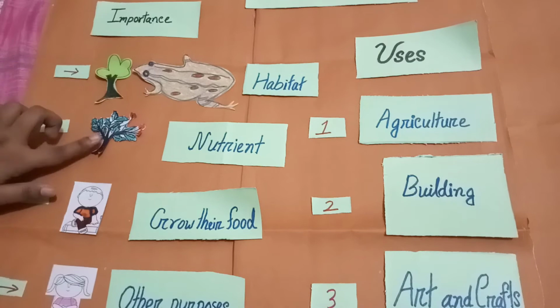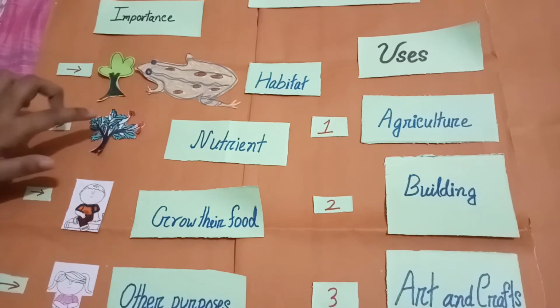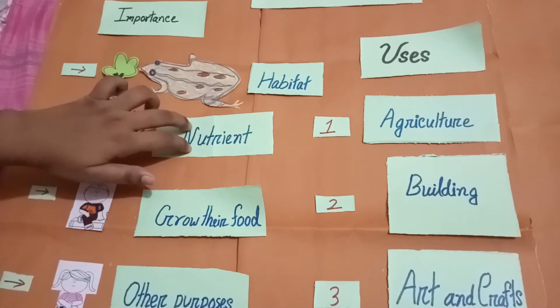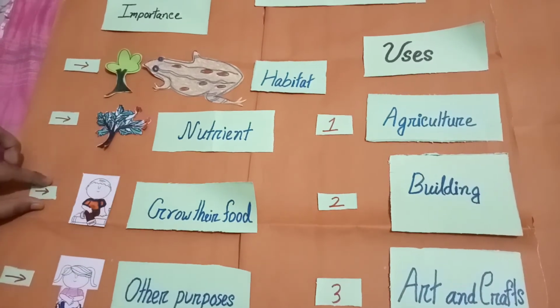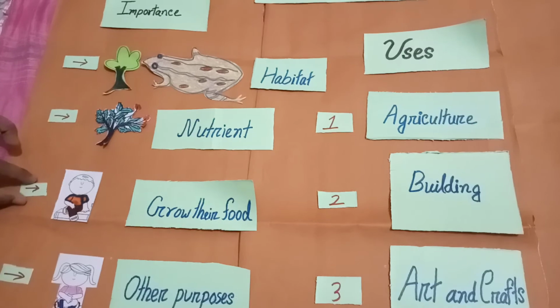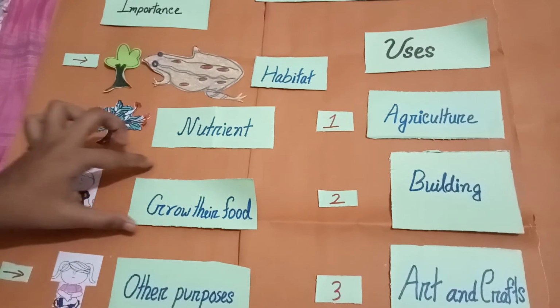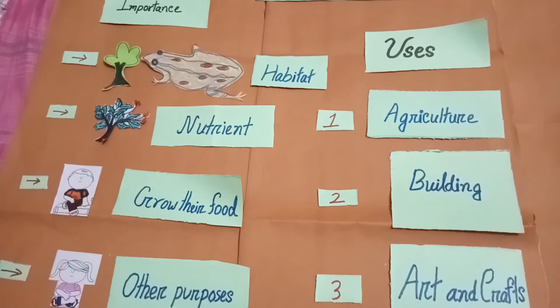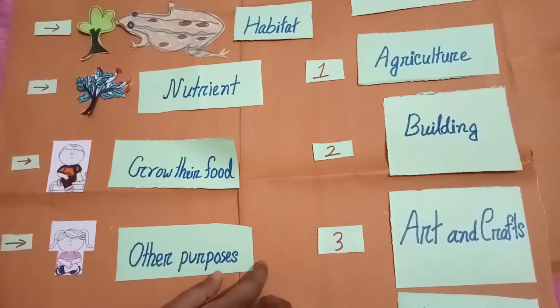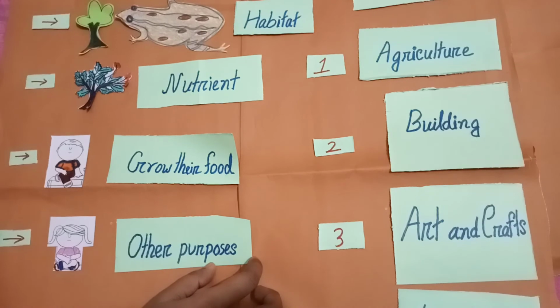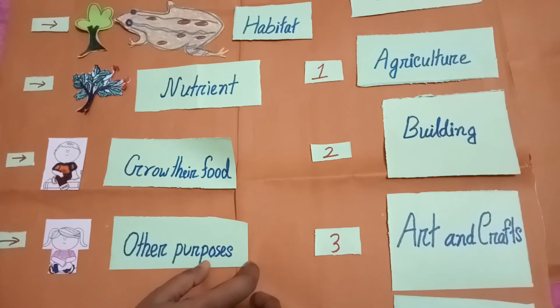Number 2, plants also get nutrients from soil. Number 3, people grow their food on soil. And the last one, people also use soil for other purposes.